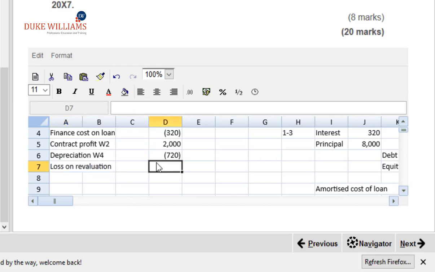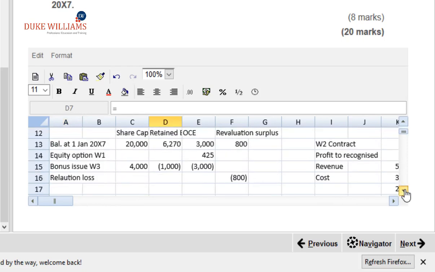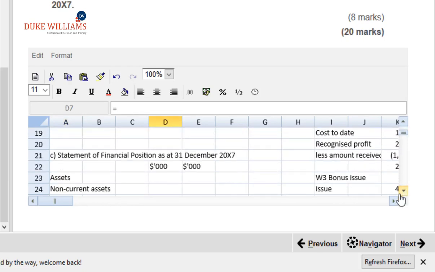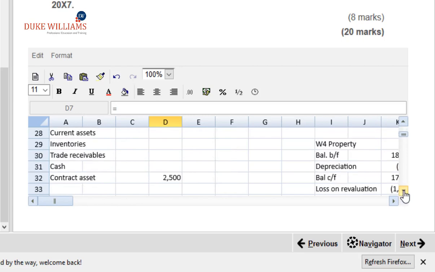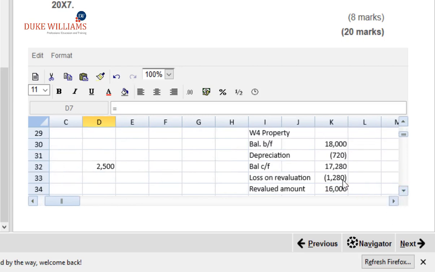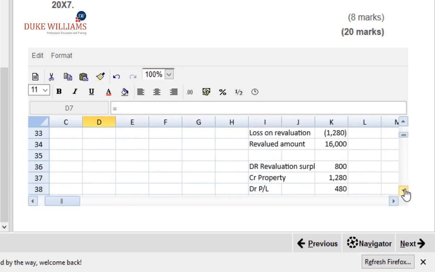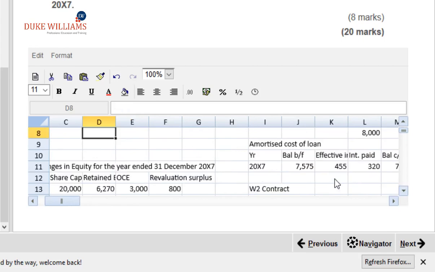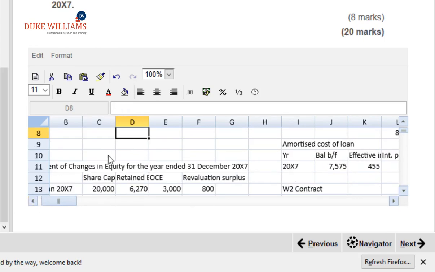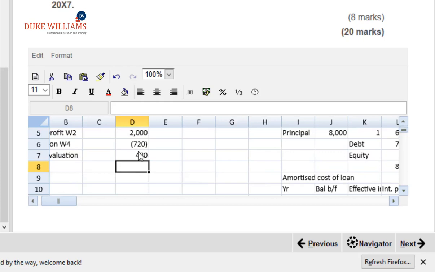A loss on revaluation should be equal to, we quickly go down there and have it. Okay, let's have a look. Don't forget it's a loss, so quickly activate and then negate it. Okay, good.